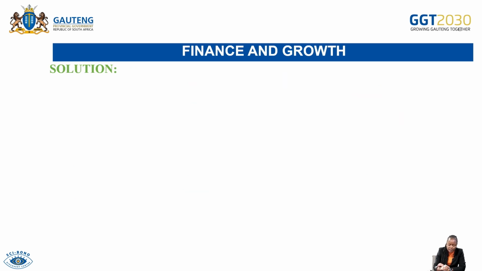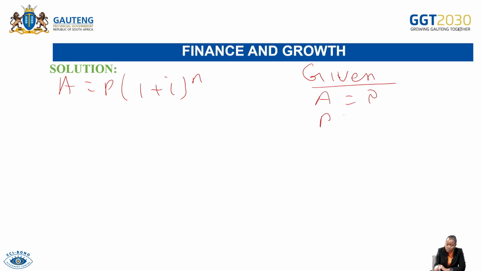Okay, let's move to the next one, the one of semi-annually. So semi-annually, it's going to be divided by 2, right? So it means you'll say A equals P into 1 plus I to the exponent N. Okay, what are we given? We are given that your P is 100 rands.